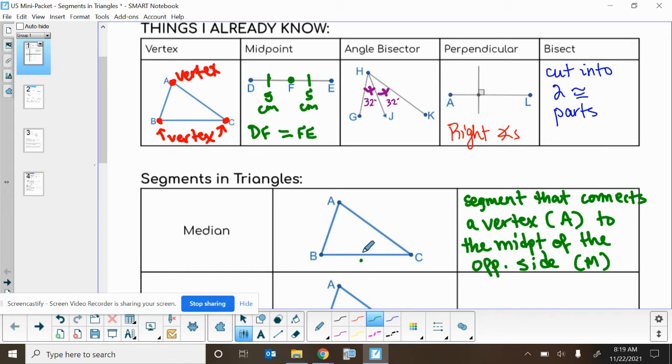So if we have the midpoint of the opposite side, point M, then we know that those two are the same. And then I can draw the segment from A to M because that's a vertex. Now I could have drawn one from B to the midpoint of this opposite side if I knew that, but we're not going to draw multiple ones. We'll just draw the one. I just wanted to show you you could actually draw three.